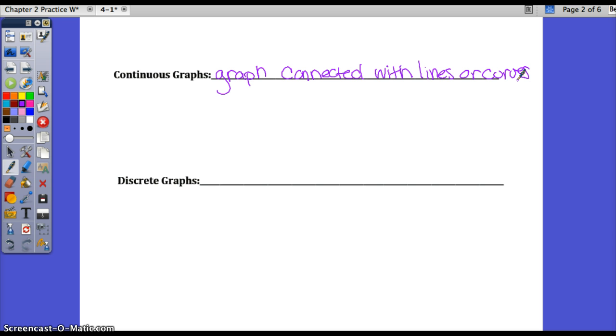When you think about it, it's something that is continuous. It does not stop. If you see the word constant, your graph's going to be almost like a straight line. If you see rises steadily, and please write these in the margin somewhere on your notes, your graph would look something like this. It's rising steadily.